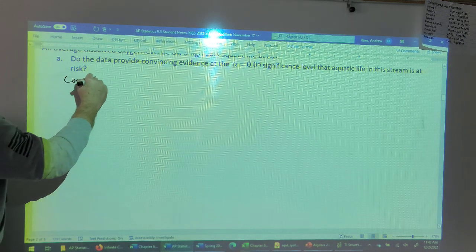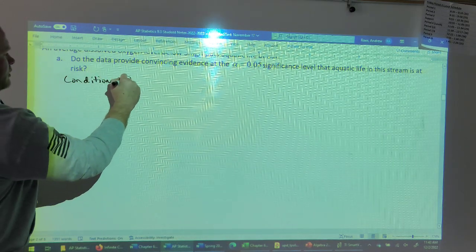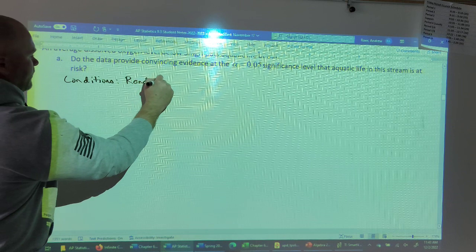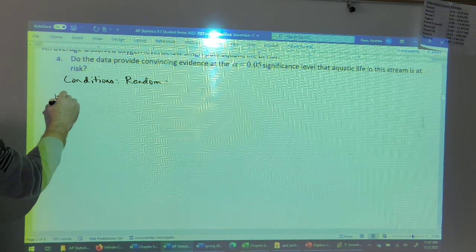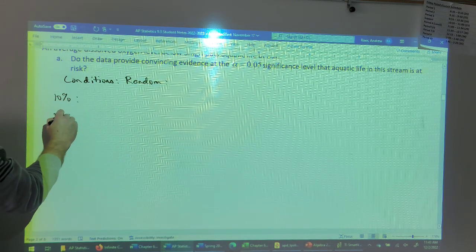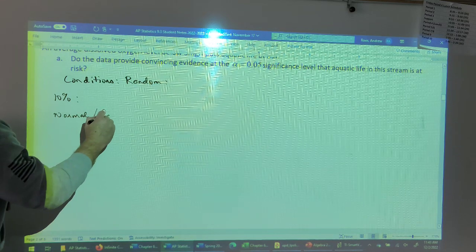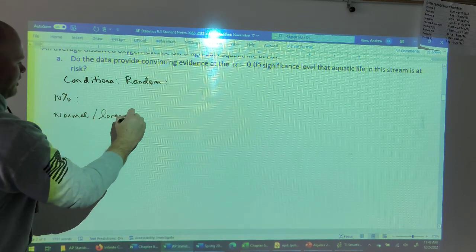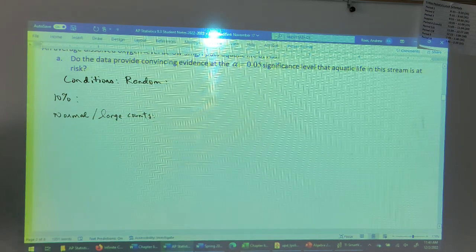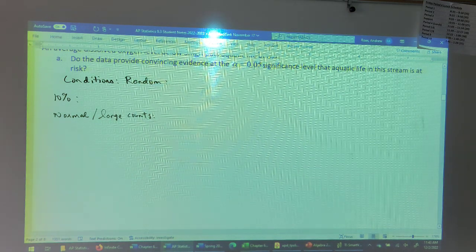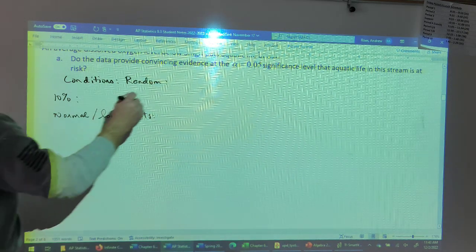So conditions, first one, random. Next one, 10%. Last one, normal / large counts. Okay, so if you look back up in the problem, it said 15 randomly chosen locations. Okay, so it's random.